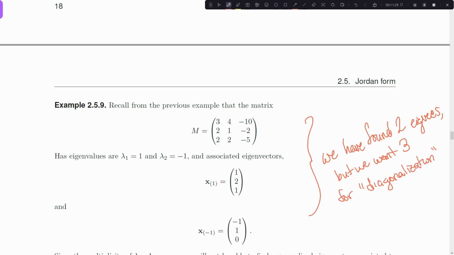It's something similar, but not quite. So we want 3, so we must search for one generalized eigenvector. Necessarily it has to be this one because that was our lambda with multiplicity 2.